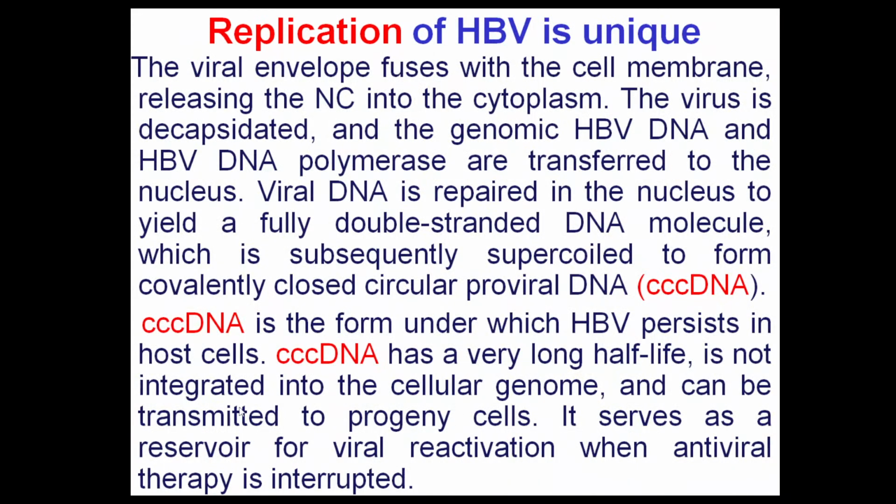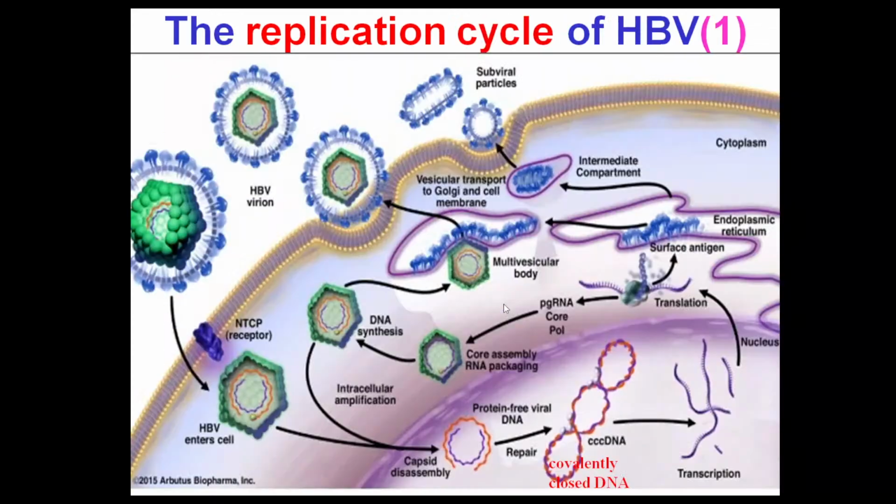And then this double-stranded DNA molecule will be subsequently supercoiled to form so-called cccDNA, covalently closed circular proviral DNA. You can see it here. See? Covalently closed, cccDNA, right?